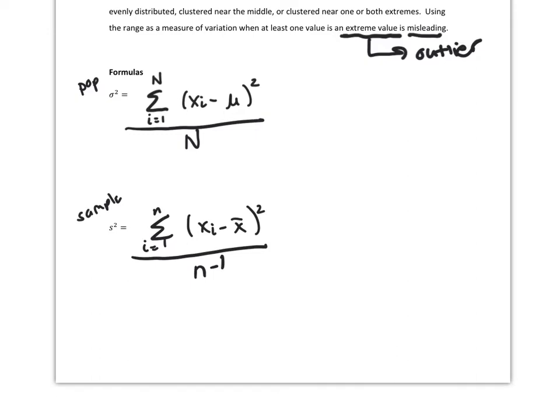We have found that if you divide the sample by lowercase n, it does not emulate the population variance, so make sure you divide by n minus 1. And I'll let you think about, if you don't divide by n minus 1, does it overestimate or underestimate it?